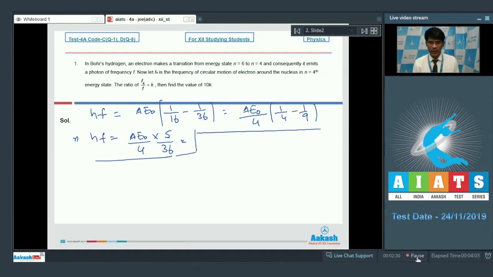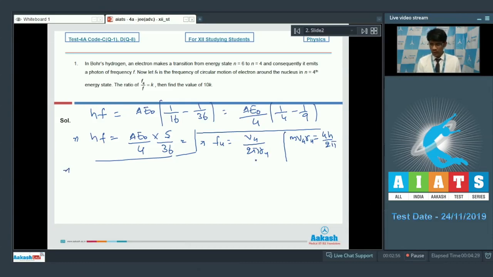Now, in the next stage of calculation, we need to find the frequency of the electron that is rotating in energy state n is equal to 4. So f4 would be v4 divided by 2 pi R4. What we know there is that angular momentum mv4 R4 must be equal to 4h divided by 2 pi.